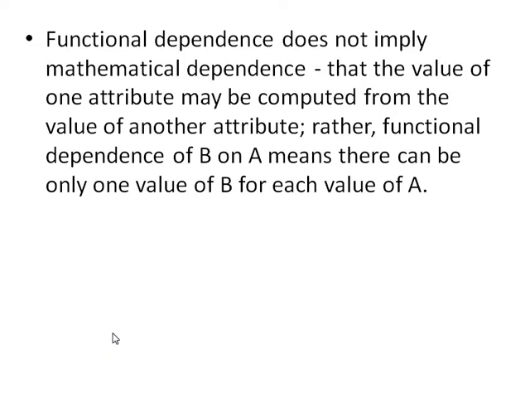Functional dependence does not imply mathematical dependence, that the value of one attribute may be computed from the value of another attribute. Rather, functional dependence of B on A means there can be only one value of B for each value of A. So functional dependence means it is not mathematical dependence.